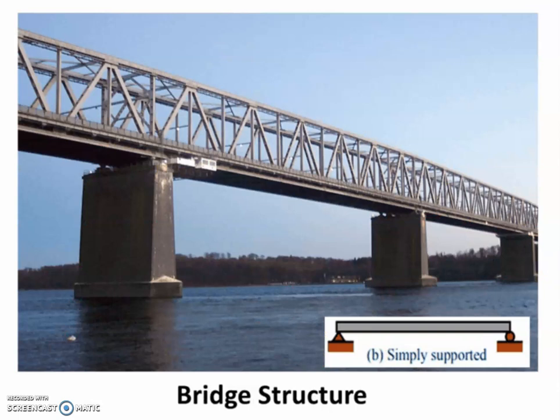Here we have another example of a simply supported beam, a complex bridge structure. Now, if you take the whole lattice structure as being the beam, it's actually a complex structure, but if we treat it as one long structure, hopefully you can see that we will have supports on these columns, and the beam will span across a gap, allowing a road or a railway or whatever to go across the river.